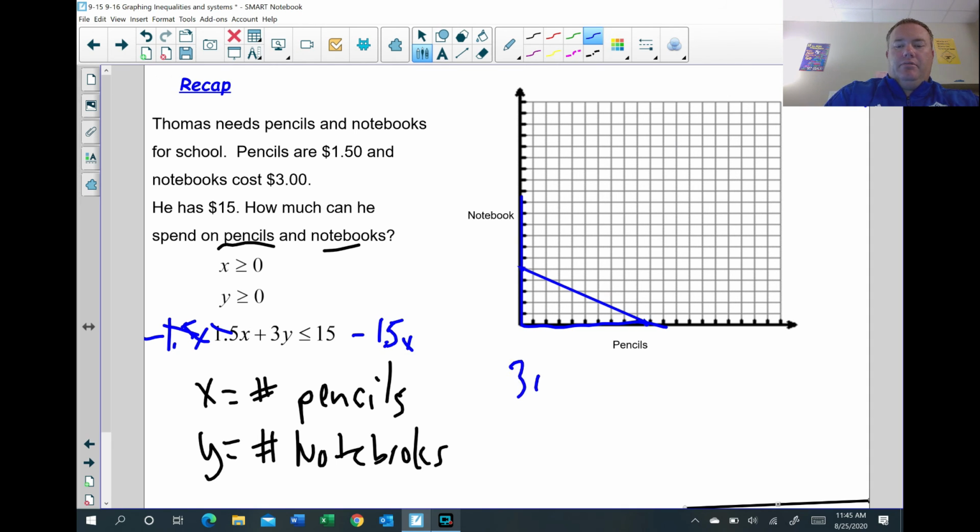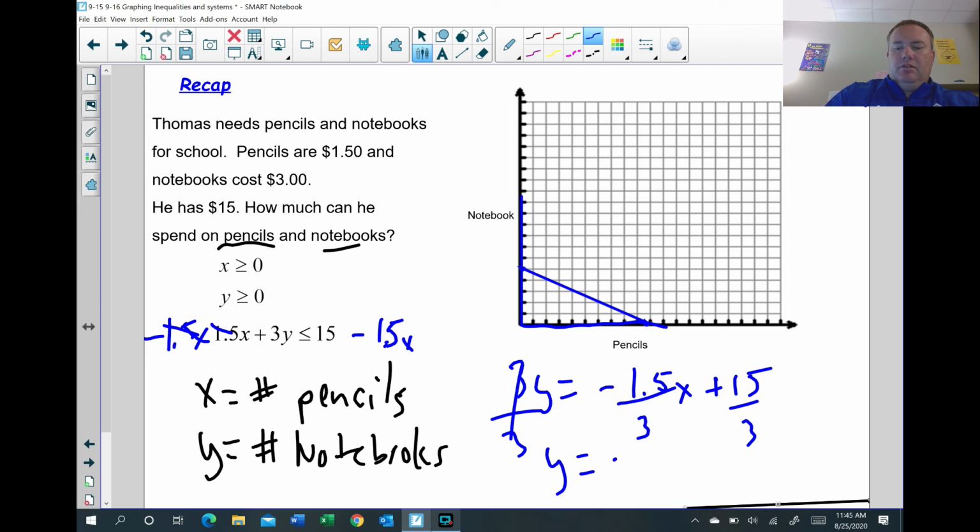So we get 3y is equal to, in this case, negative 1.5x plus 15. Divide both sides by 3. Right? So from there you get y is equal to negative 1/2 x plus 5. You see we have a y-intercept of 5. We went down 1 to the right 2 for each one of those.